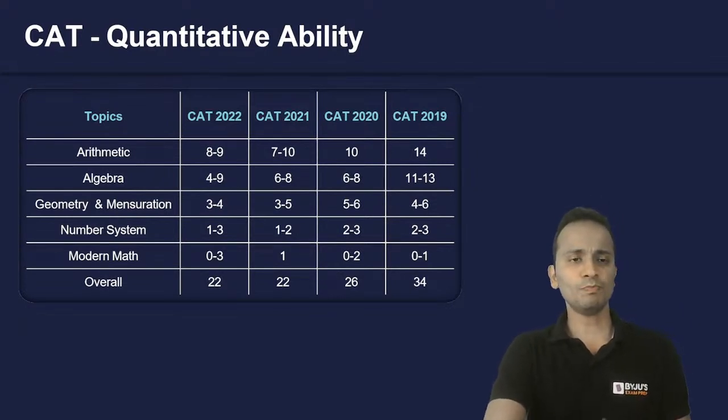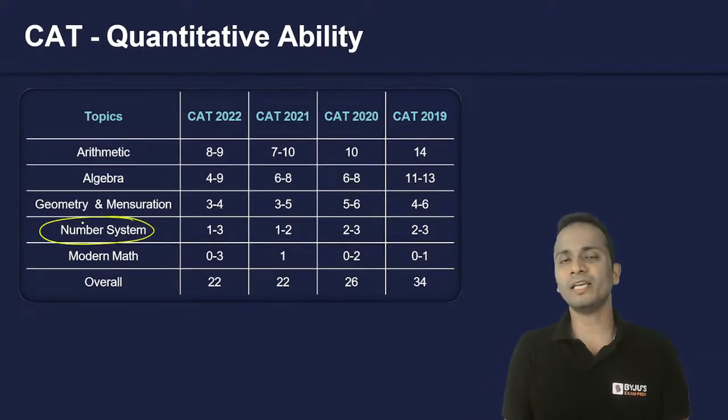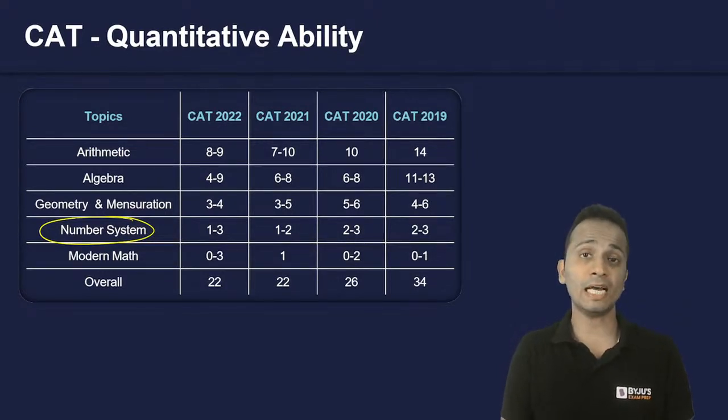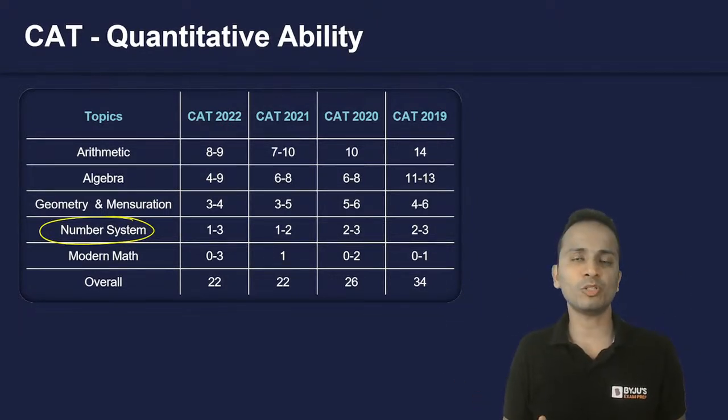Now they are written according to their importance, as far as the number of questions that appear in CAT is concerned. But if I talk about number systems, though fewer questions come in the CAT examination, I consider it one of the most important areas because it gives you overall knowledge about numbers.